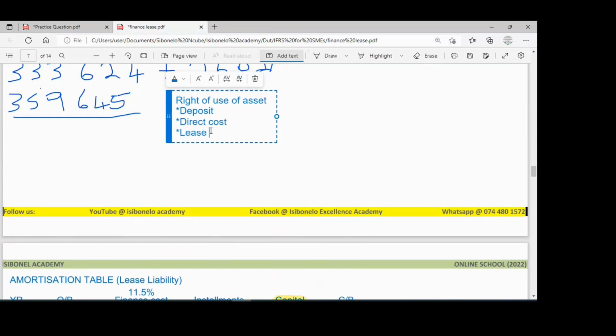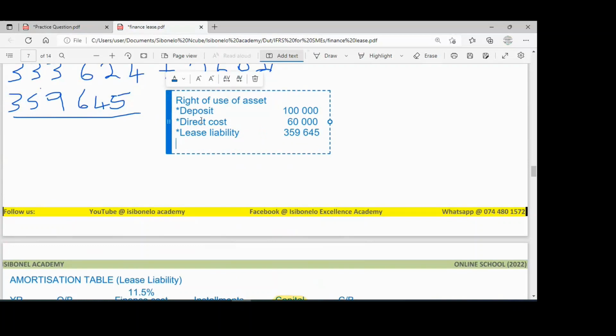So if we add all these: our deposit was 100,000, direct costs were 60,000, then the lease liability we calculated earlier at 359,645.